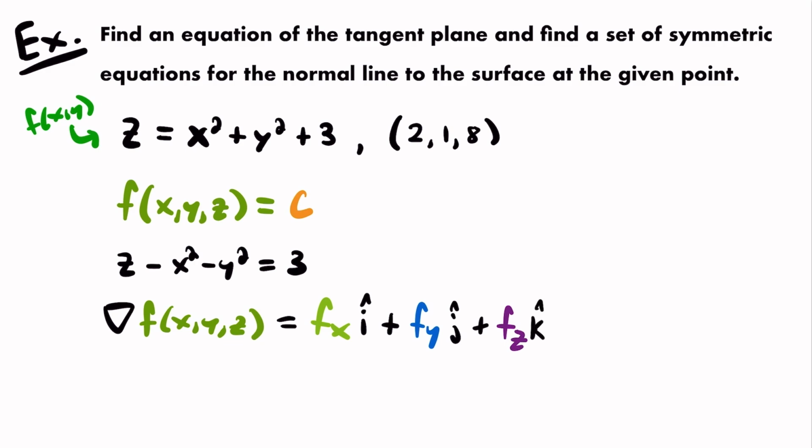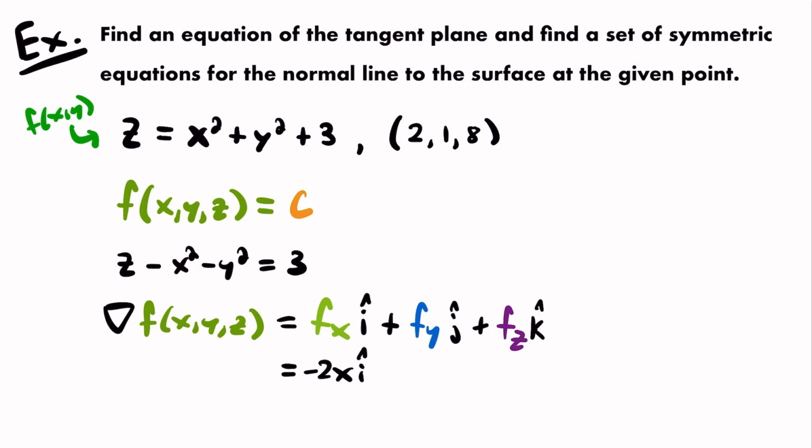All right, so starting with the partial derivative with respect to x, and remember we're looking at this form of the function, specifically just this side of it, you can ignore the constant, and the only term that is in terms of x is negative x squared, and the derivative of that will be negative 2x, so this will be equal to negative 2x times i, and that's it because negative y squared and z don't have any x's in them, so they are constant terms whose derivatives are 0 with respect to x.